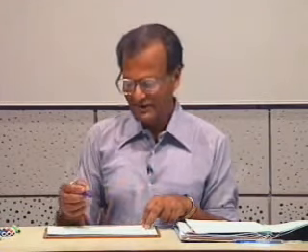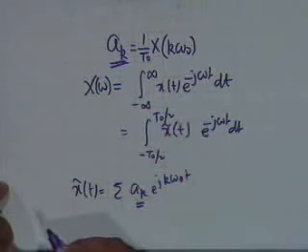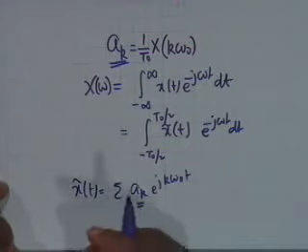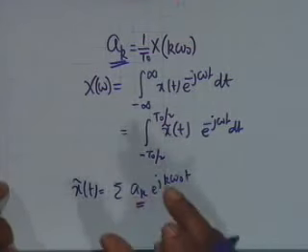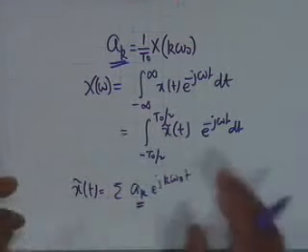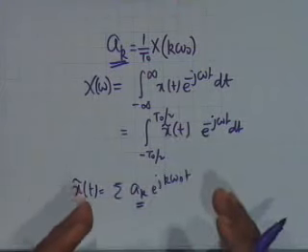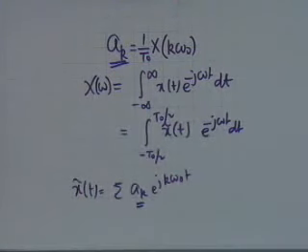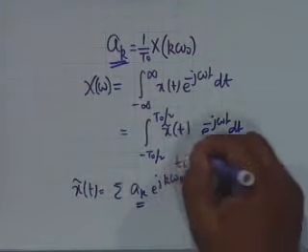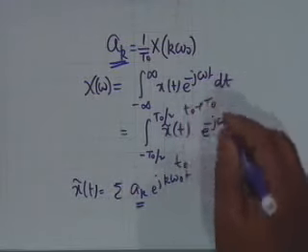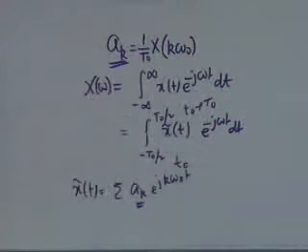Isn't that right? That is, if we take from minus T0 by 2 to plus T0 by 2, then we are integrating for x(t). Whereas if we shift the function, if we shift the origin of the time, we take some T0 to T0 plus T0, obviously the X of omega shall be different.